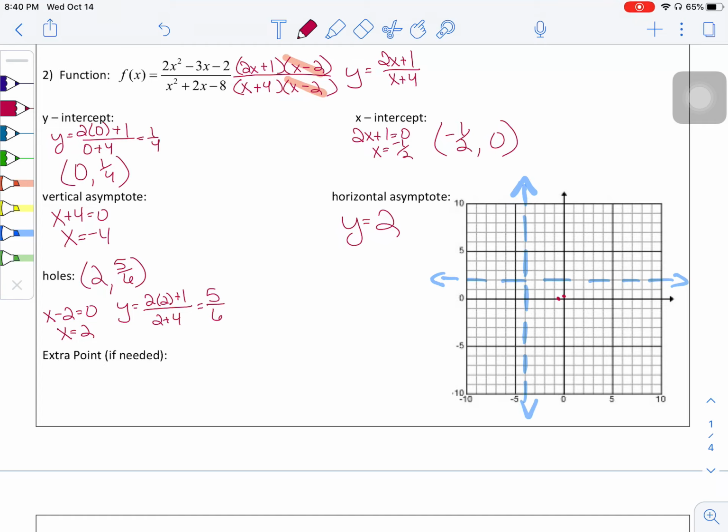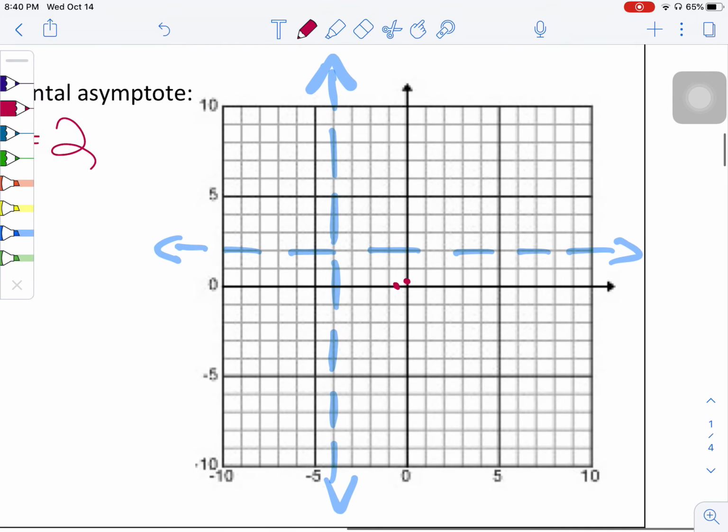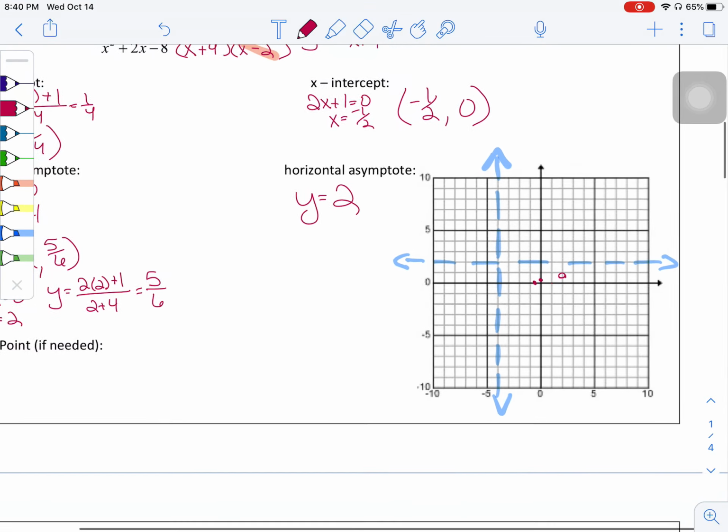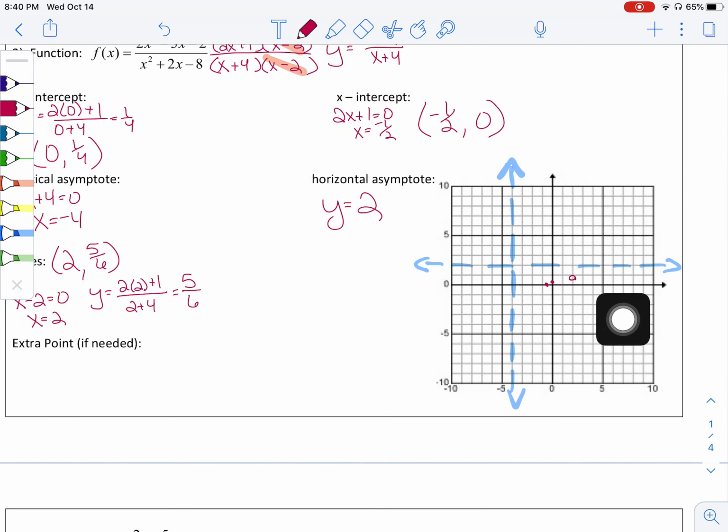So 5 over 6 is almost 1. So basically somewhere around the 0.8 range. You can grab a calculator and figure it out. So I'm just going to go 2 and then almost all the way to 1 here. All right. So what this tells me is I'm going to need another point because all of my values so far are over here on the right, and I have nothing over here on the left. So I know my vertical asymptote's at negative 4, so I'm going to grab the next point to the left, negative 5.